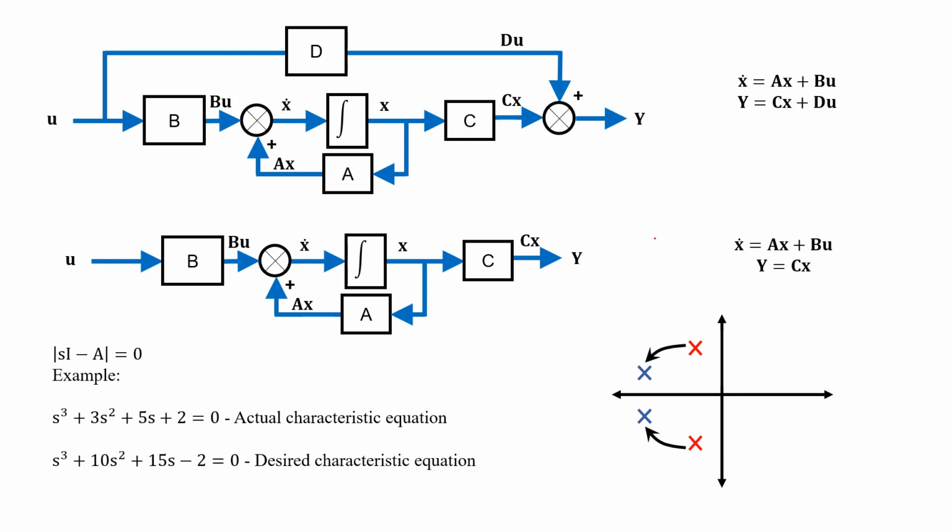And now, the D matrix is usually 0. So if the D matrix is 0, then this part can be removed and the block representation will be like this. So the final equations are x dot is equal to Ax plus Bu and y is equal to Cx.